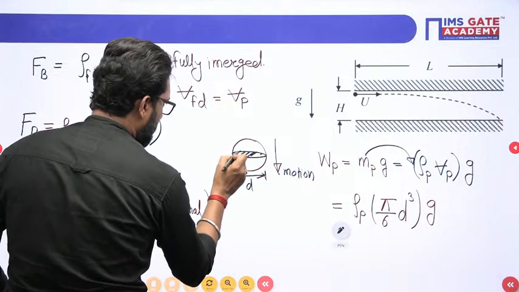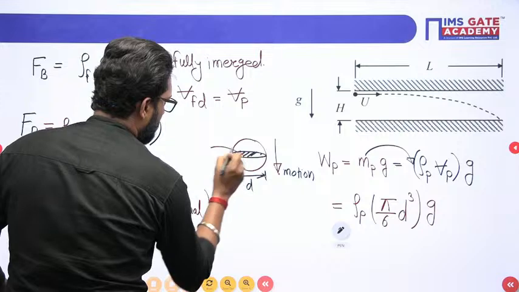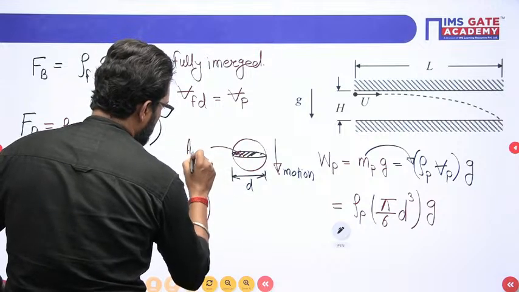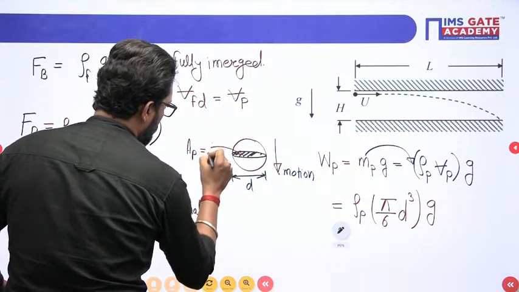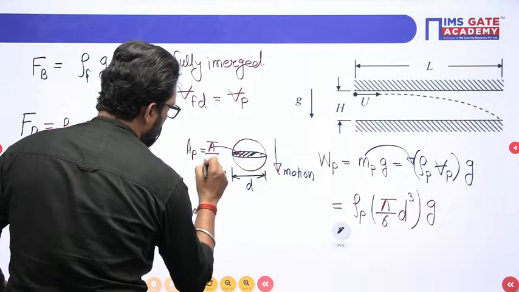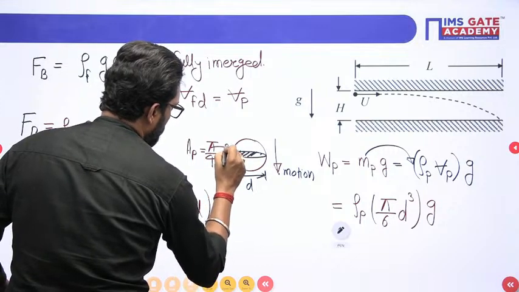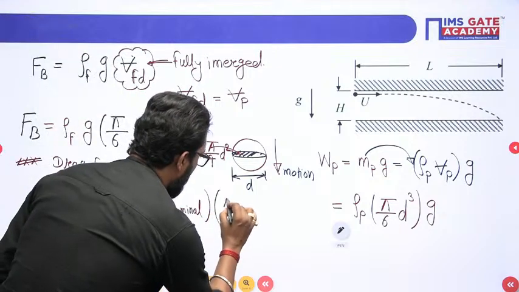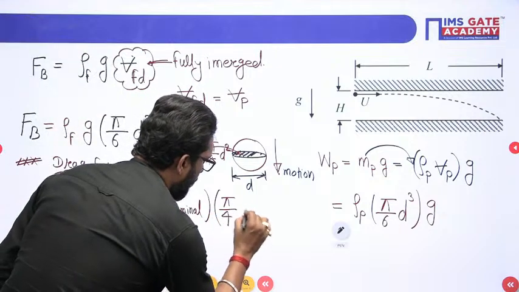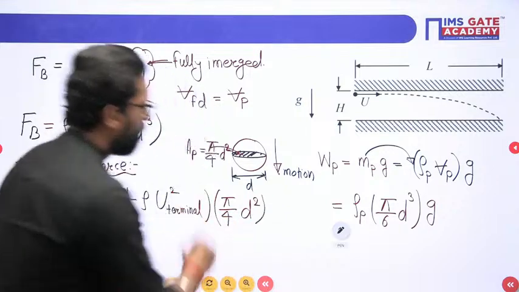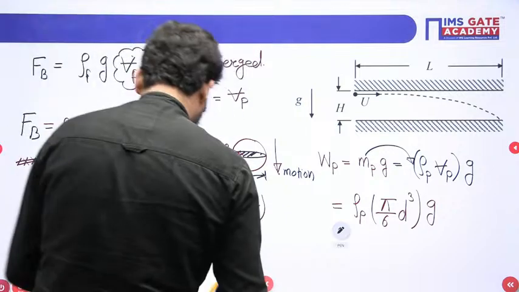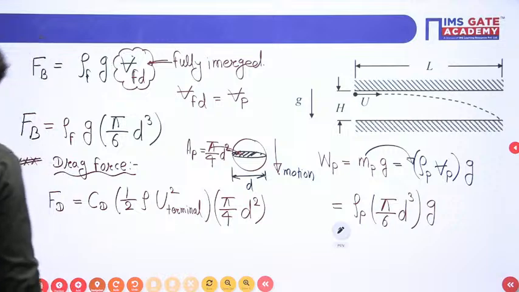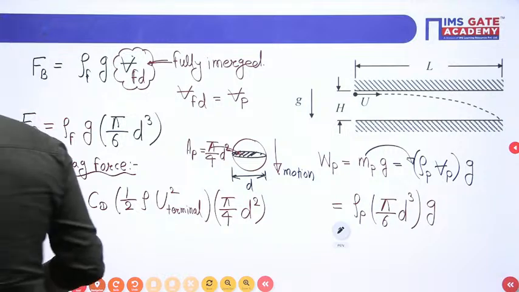So this area is your projected area, the cross section, pi by 4 d square. Clear? Very important: pi by 4 d square. Clear? Now, that is okay.